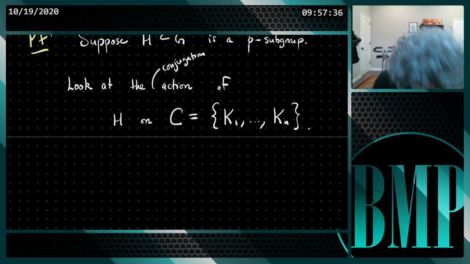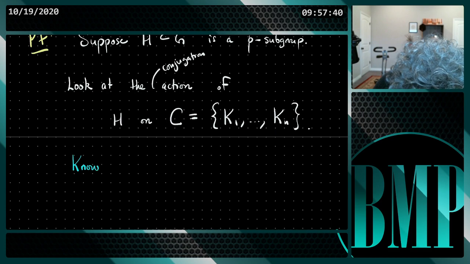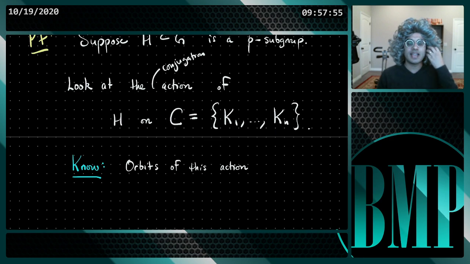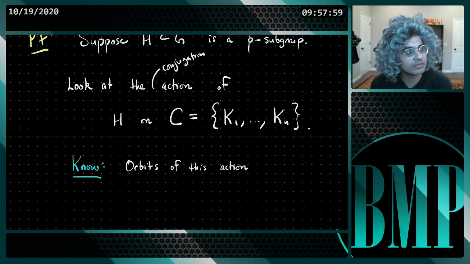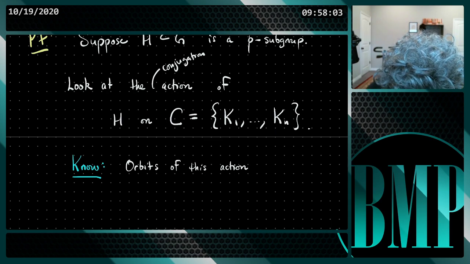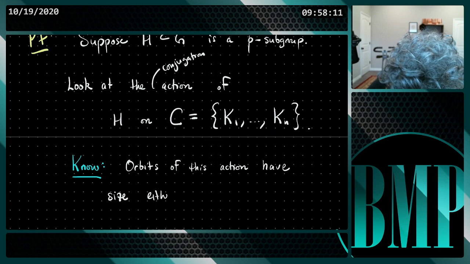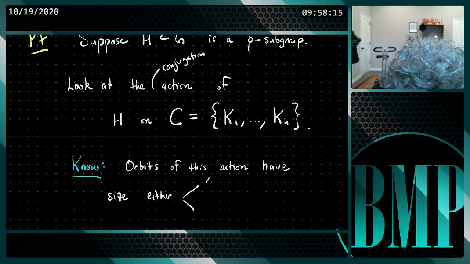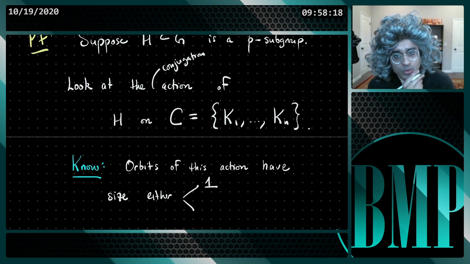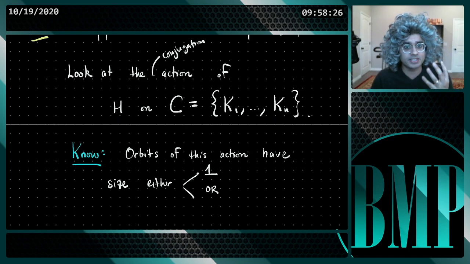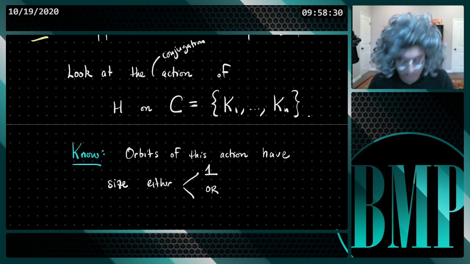What do we know? We know that the orbits of this action have size either 1, you can have an orbit of size 1, or the orbit has size a power of p.